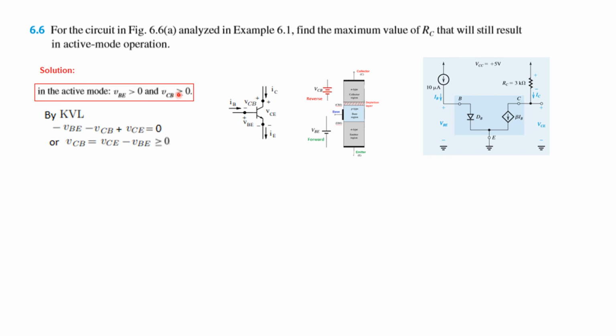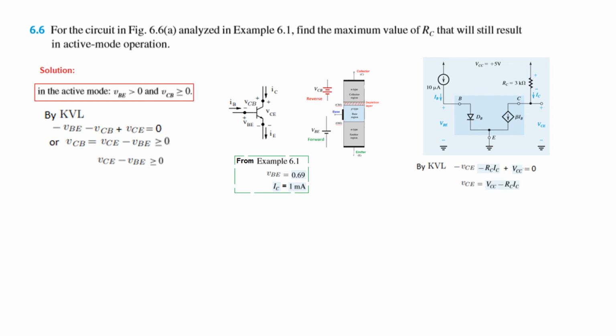That means this term VCE minus VBE has to be greater than 0. Now from example 6.1 solved in the book, we found out VBE to be 0.69 and the collector current was 1 milliampere. So we'll use these two terms.